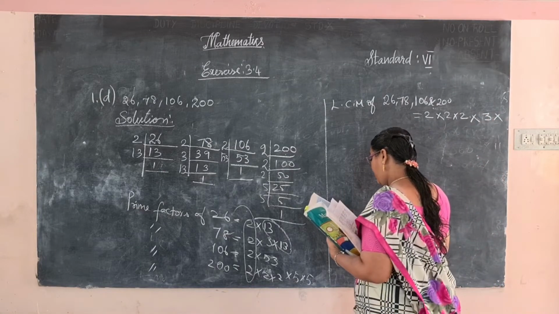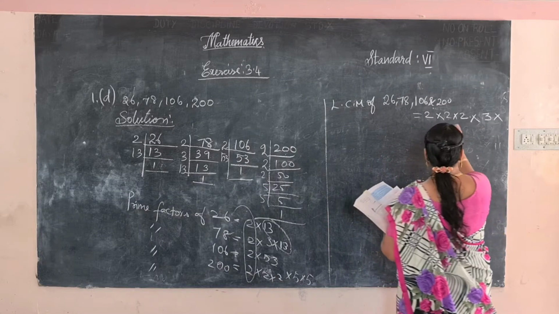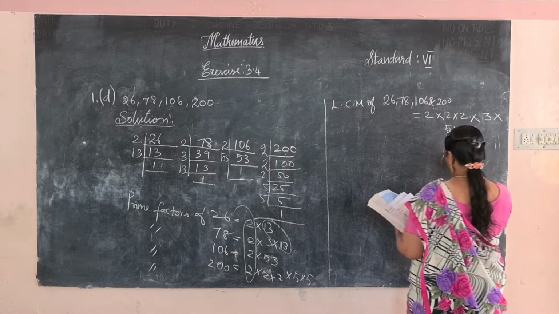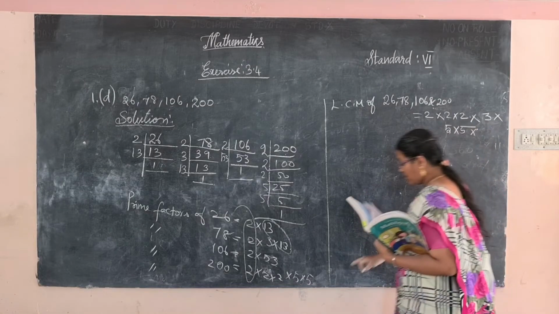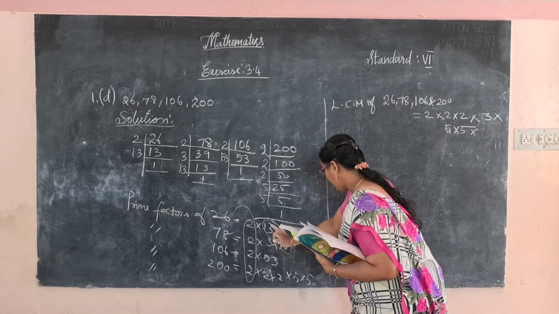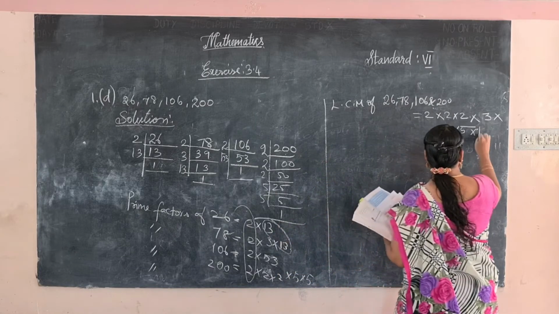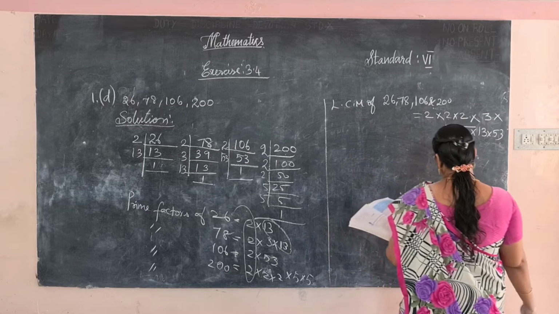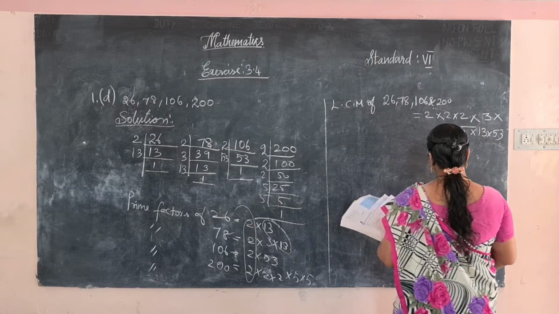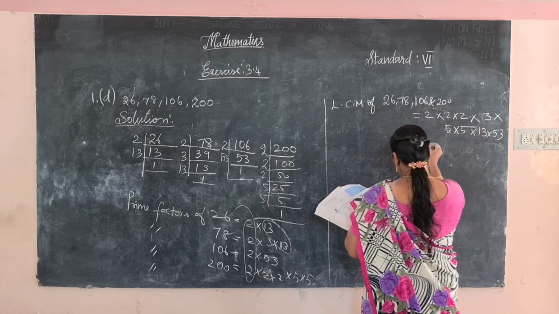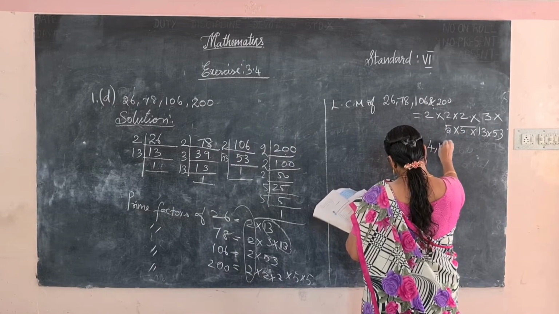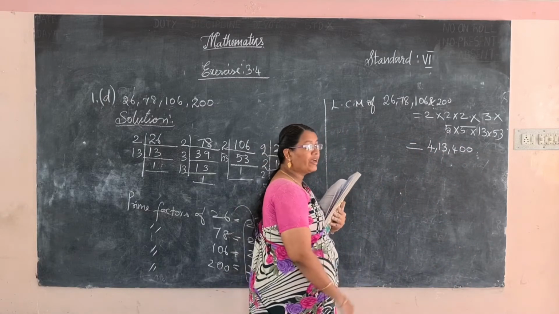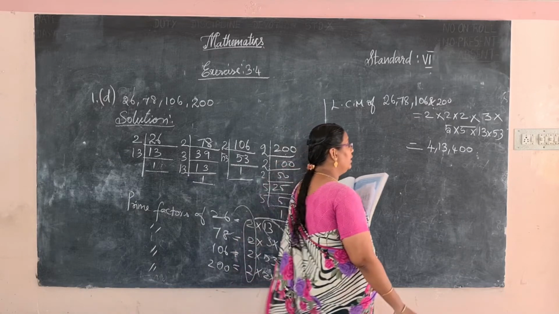And then 5, 2 times repeated, and then 13 and 53. Okay, so multiply these values, we get 413,400. You will calculate in the rough work area and write it down.